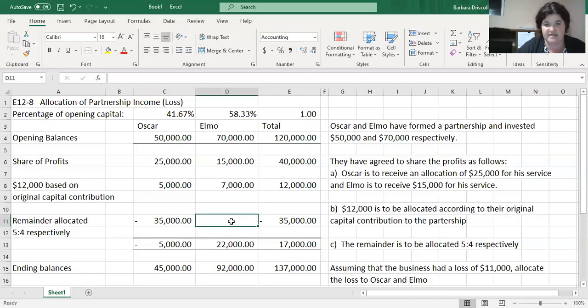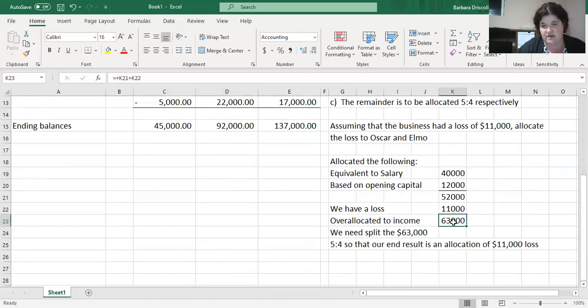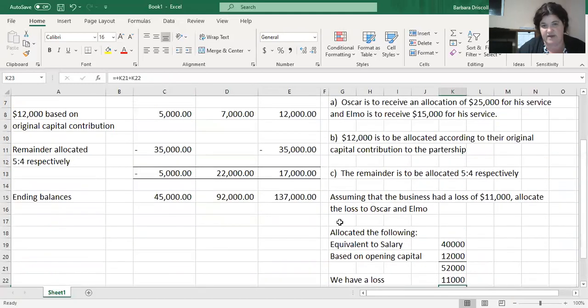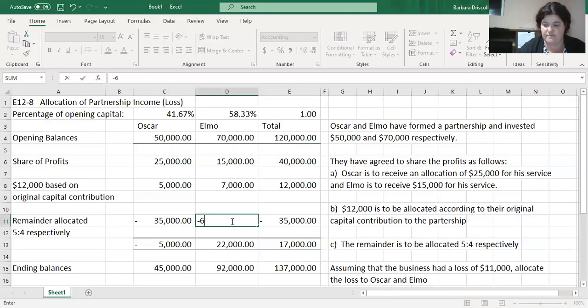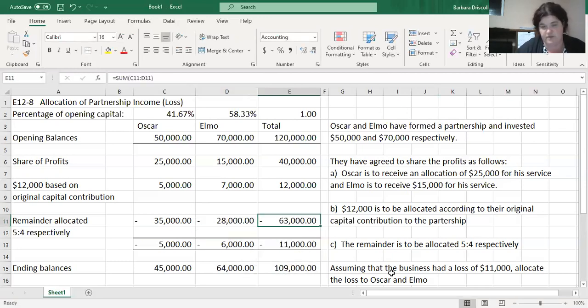We're going to take that same over allocation of 63,000, divide it by 9 and times it by 4 for Elmo's portion. So we have allocated $63,000 in loss in order to balance to our overall loss of $11,000.